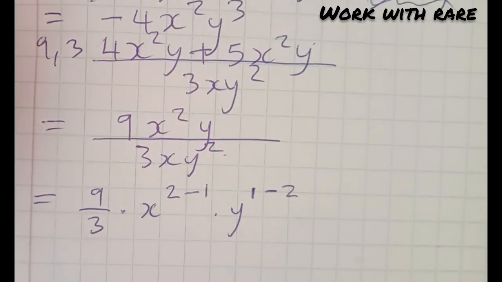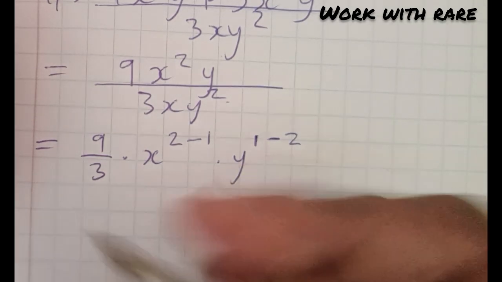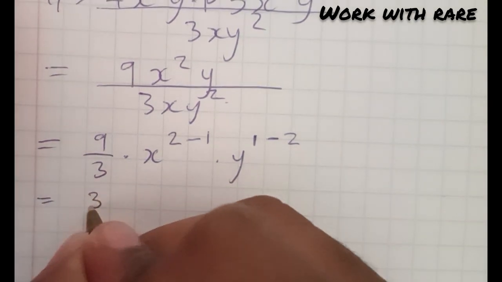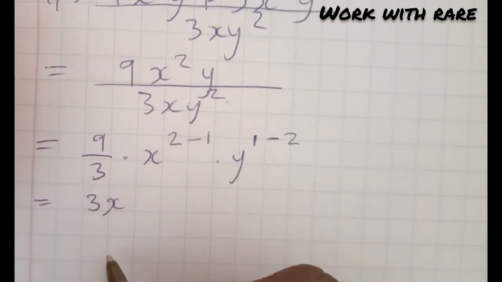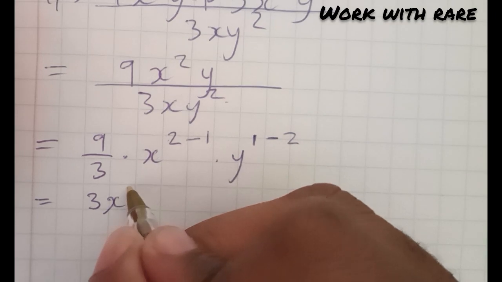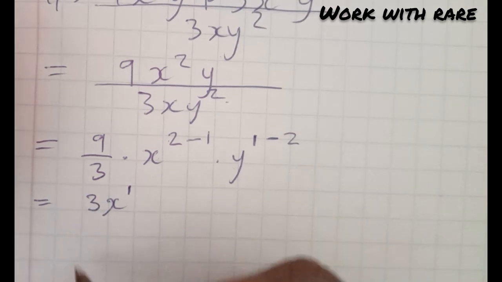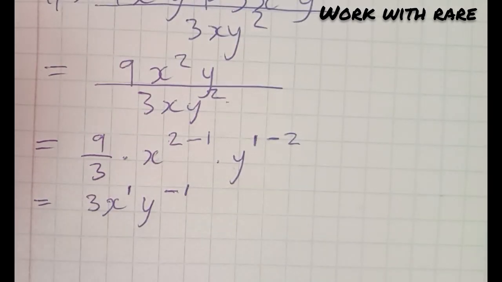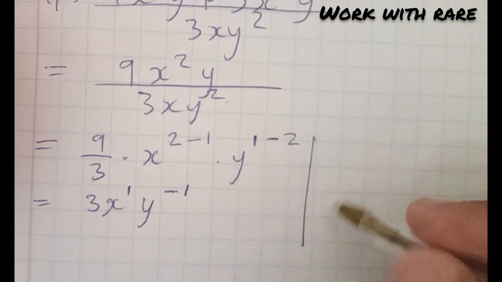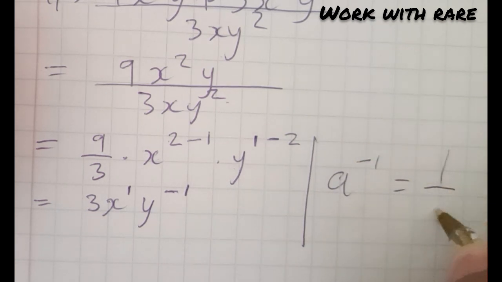So 9 divided by 3, it's 3. 2 minus 1, it's 1. 1 minus 2 is negative 1. So remember, we can't leave our answer as negative. Remember this law, whereby we say a to the exponent negative 1 is equal to 1 over a.